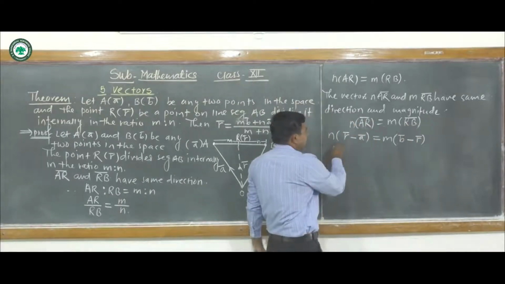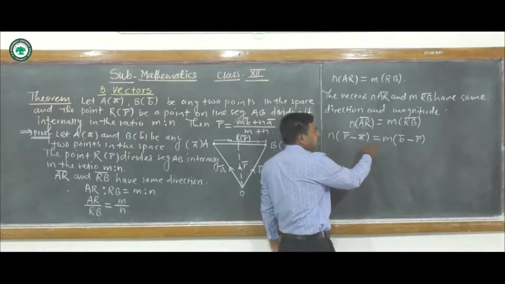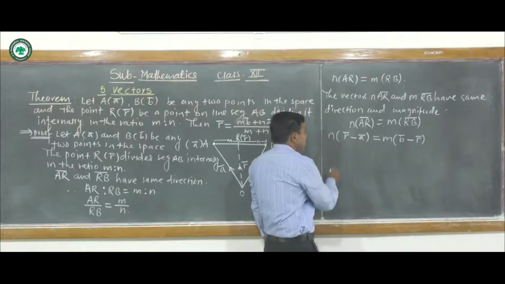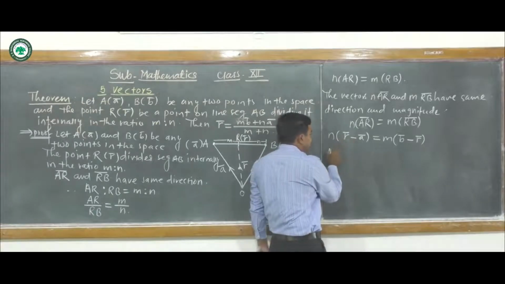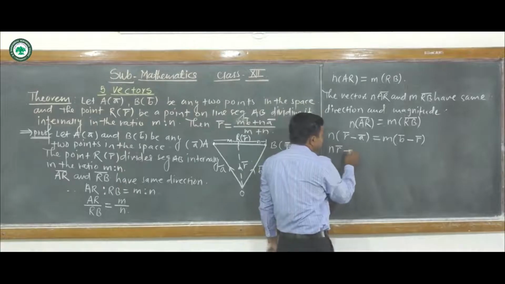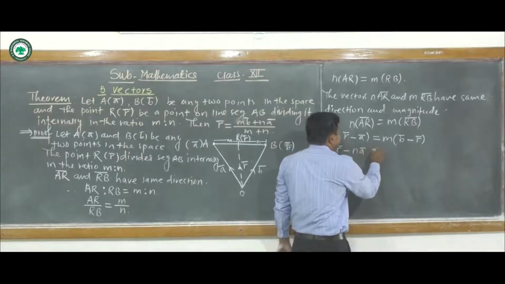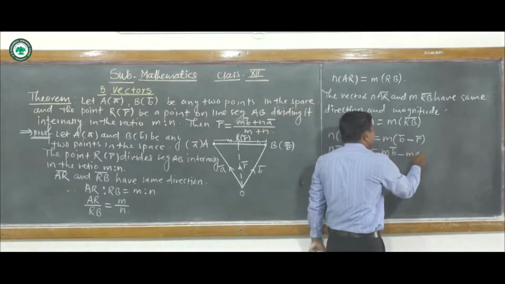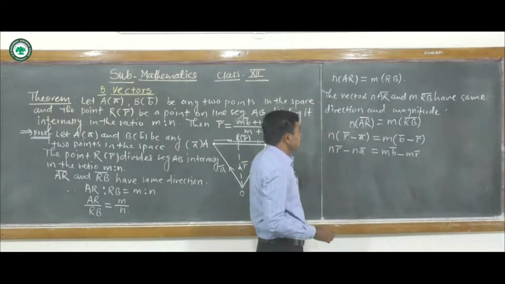So n into (R bar minus A bar) is equal to m into (B bar minus R bar). Now multiply the first bracket by n, so we get n into vector R minus n into vector A is equal to m into vector B minus m into vector R.